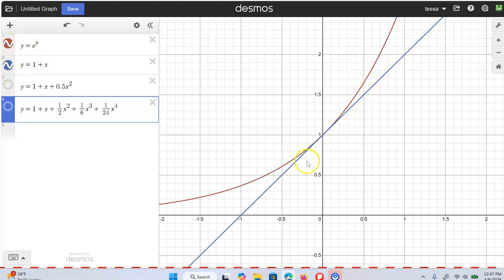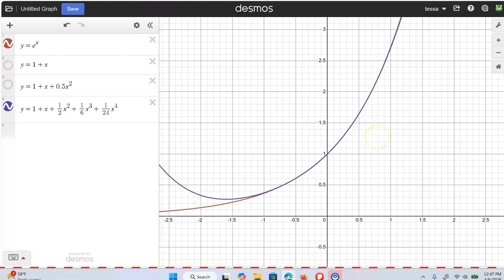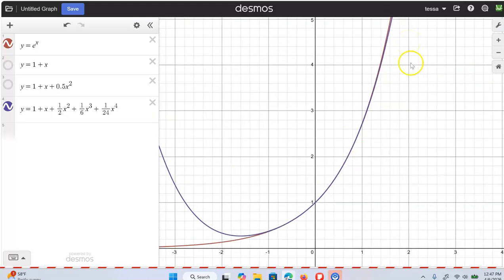We started with the linear model. We said it was all right, but not great. The quadratic was better around x equals 0, but look at this fourth degree polynomial. It really does hug that graph around x equals 0, and it veers off on the edges. You can see it starting to veer off over here on that right-hand side. But you see how good of a fit that is. So the more terms you have, the better fit it's going to be.